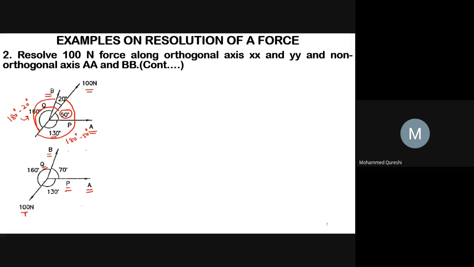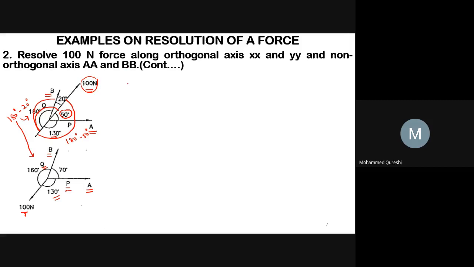So now this is 70 degree, this angle is 160 that we had calculated here, and this is 130 degree. So now we can apply the sine rule, and we will get the value of unknown forces P and Q.